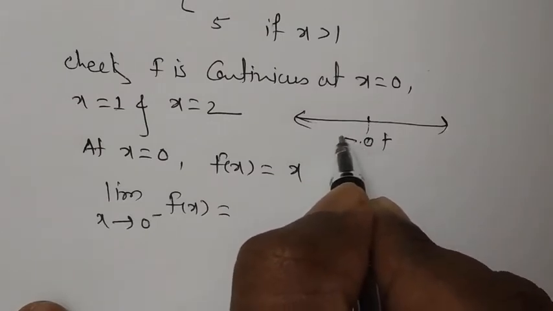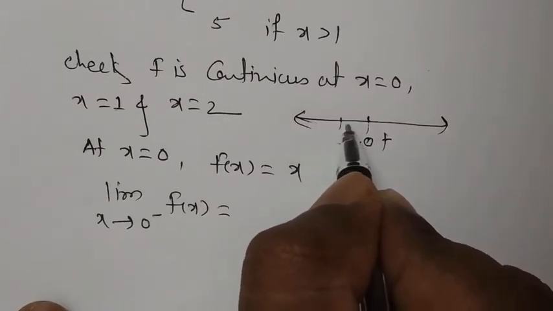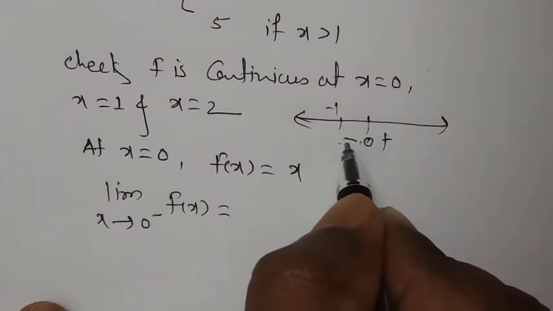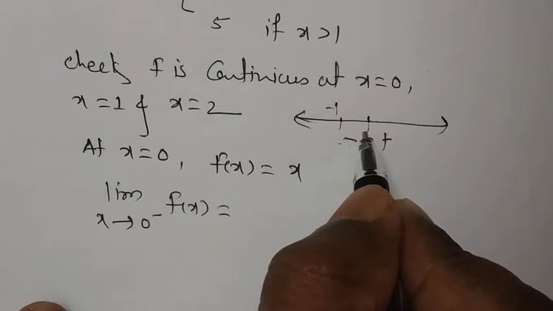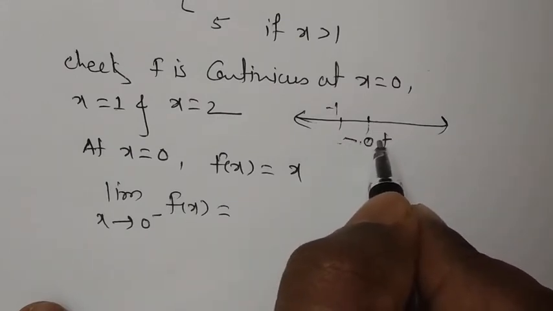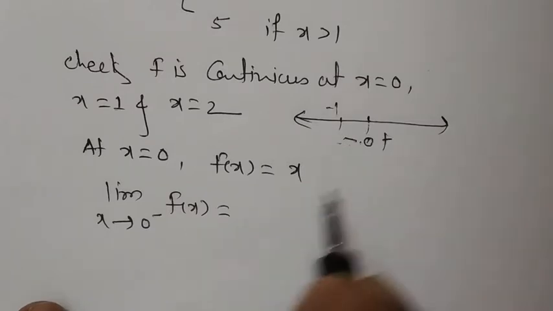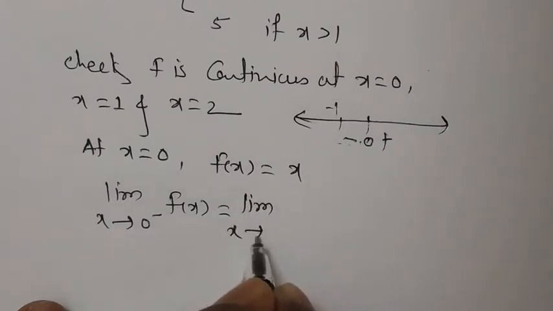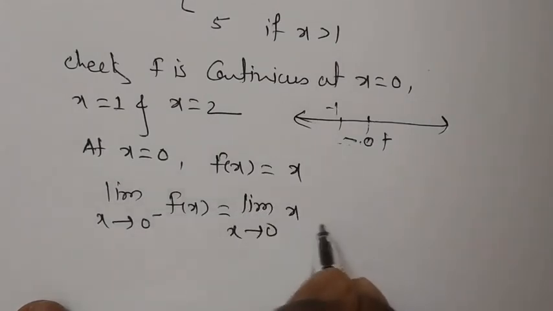Means what? We can say, suppose it is minus 0.99999, and on the other side 0.00001, nearly equal to 0, or plus. Then we can put limit x tends to 0 of x, that equals 0.